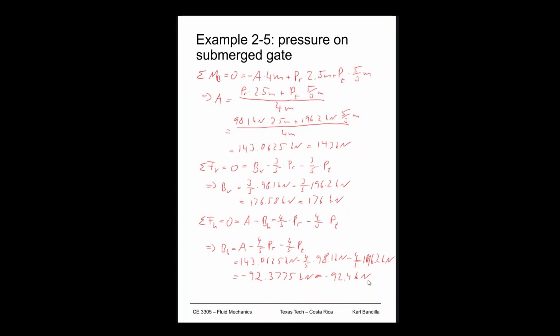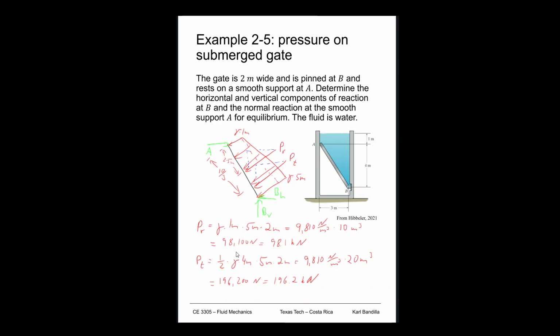And with that, we have calculated all of our reactions that we needed. We have A, it's up here, BV, and BH. All calculated.